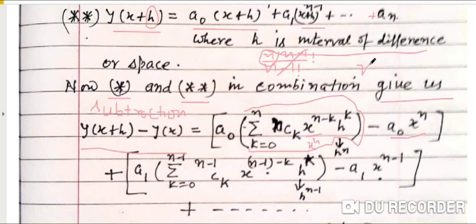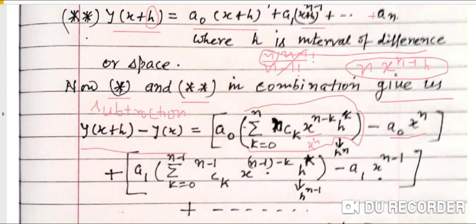The second term will be what? n, and then x to the power n minus 1, and then h. Look at this, this is the second term.